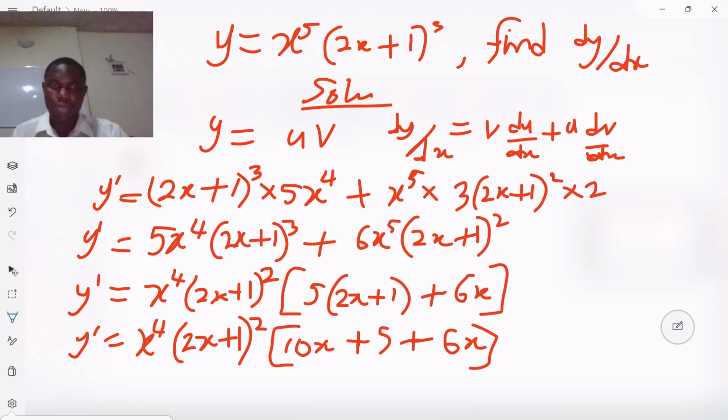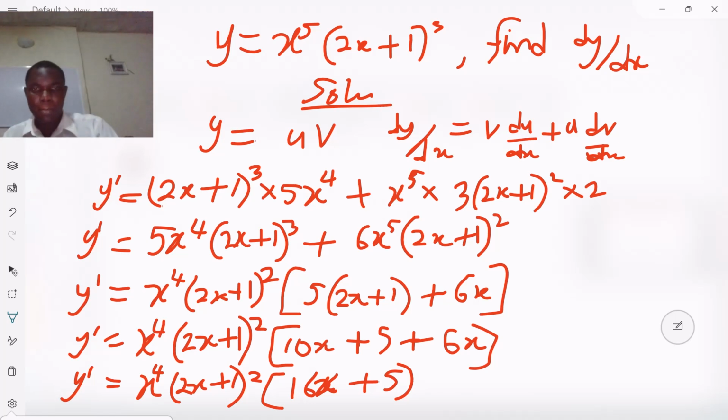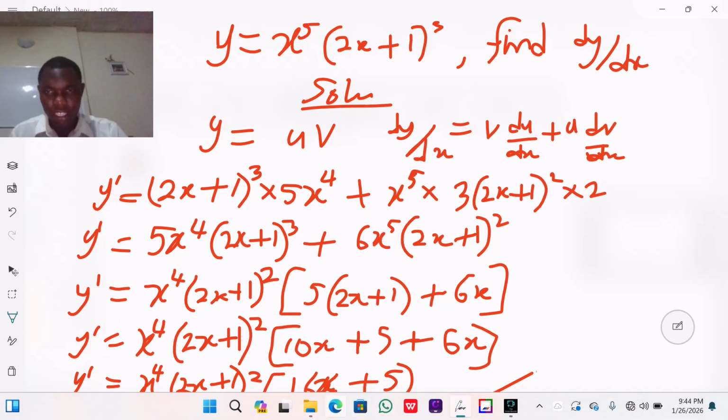From here, I'm going to have y prime is equal to x raised to power 4 into (2x plus 1) raised to power 2 into (16x plus 5). Ladies and gentlemen, that's our final answer. That's where we stop. It's as simple as that.